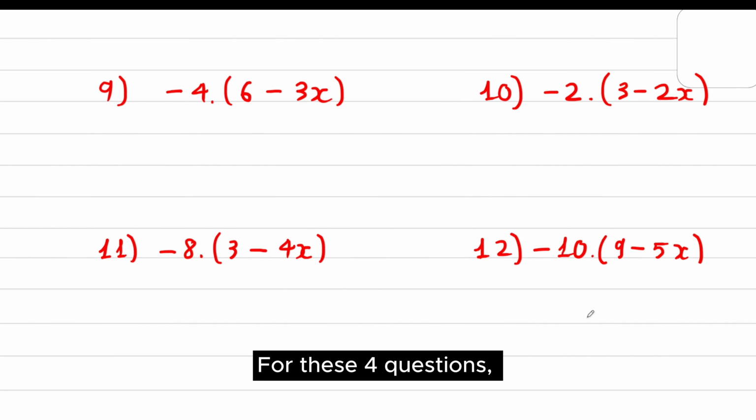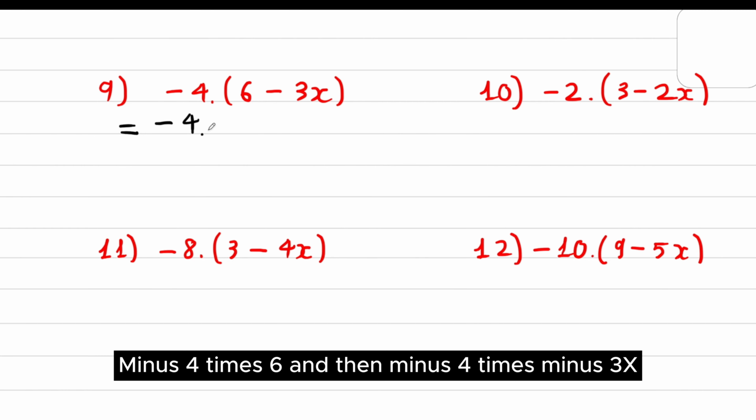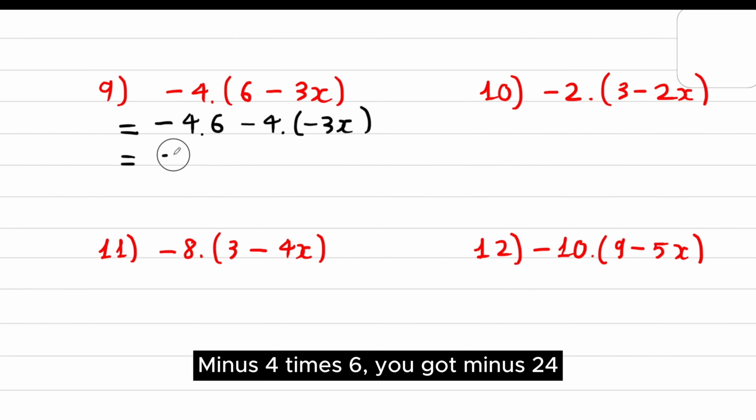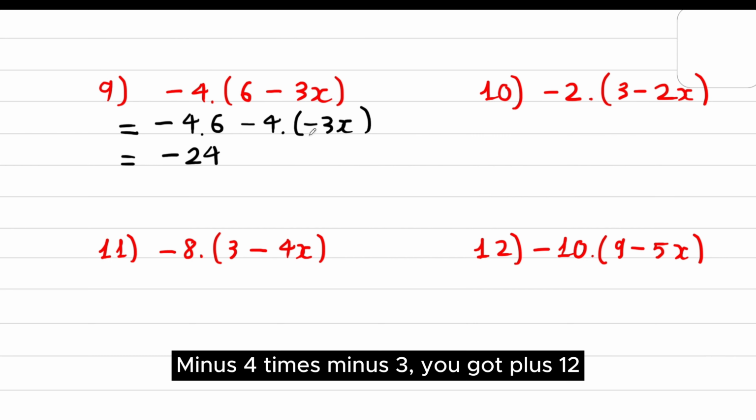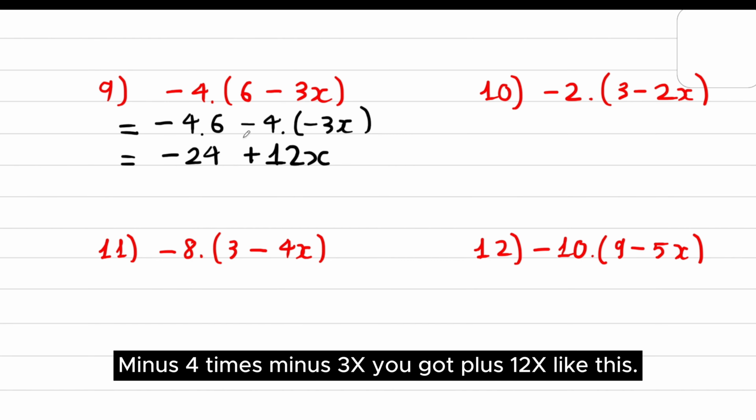For these 4 questions, it's a little bit harder, so be careful about your writing. -4 times 6, and then -4 times -3x. -4 times 6, you get -24. -4 times -3x, you get plus 12x like this.